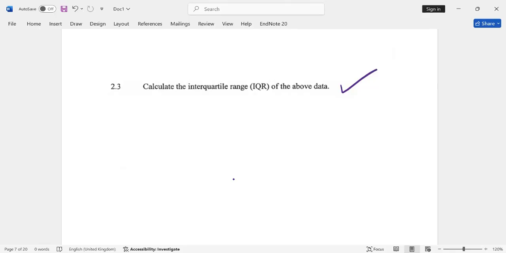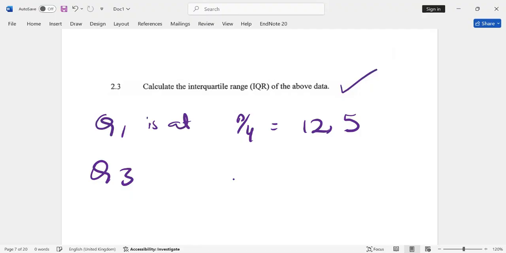All right, so we consider that Q1 is at n by 4, that is equals to 12.5, and we have a Q3 that is at 3n by 4 is equals to 37.5.